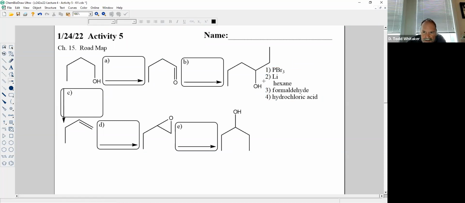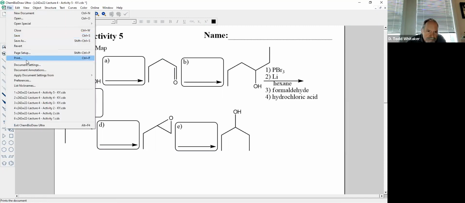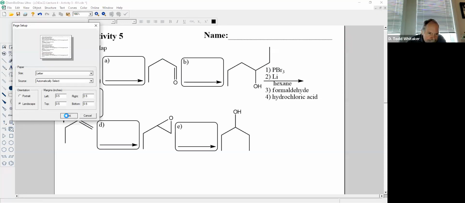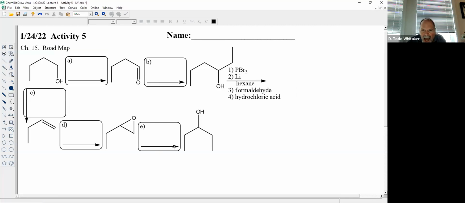Sneak an arrow in right here. Product box. I don't know. Don't have room for a product box. Sure we have room. Watch this. Ha! Sorry.